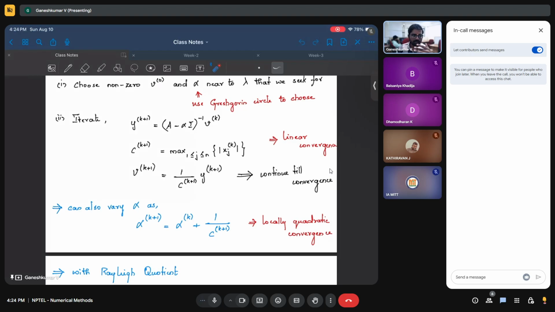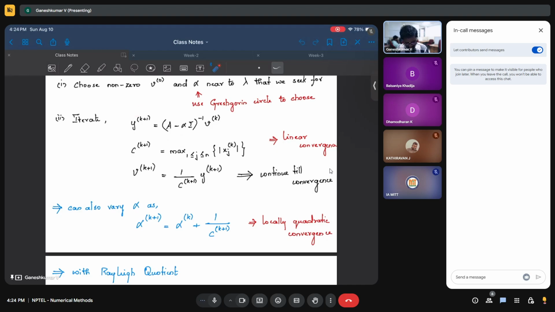You can use Gauss elimination, Gauss Jacobi, Gauss Seidel, whatever method you want to solve that system to get y_k. Because you are given only A and alpha, you would need to find the inverse here. So instead of finding the inverse, you cast it as a system of linear equations, then you solve them to get y.